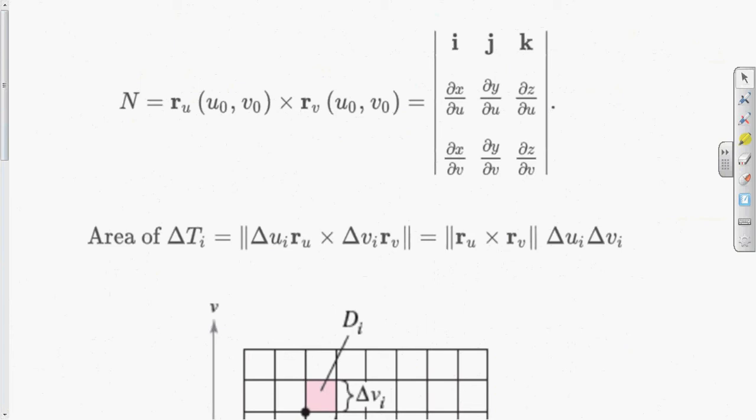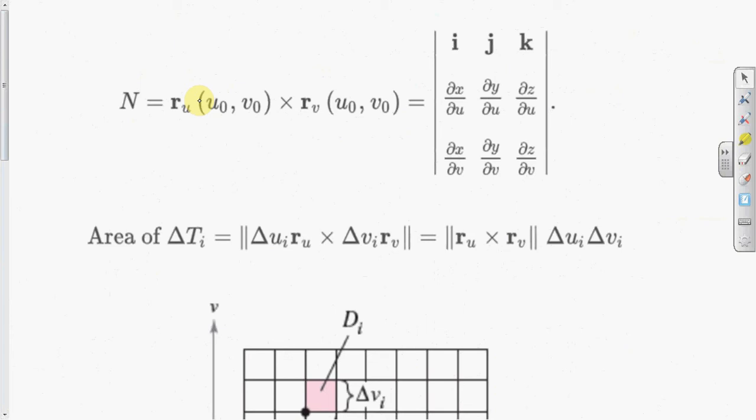So just in a nutshell, if it's the cross product and then you take the norm of that, you get the area. So that's the goal, is to get the area. So this norm of the cross product of R sub u crossed with R sub v is the base area for this new region D.